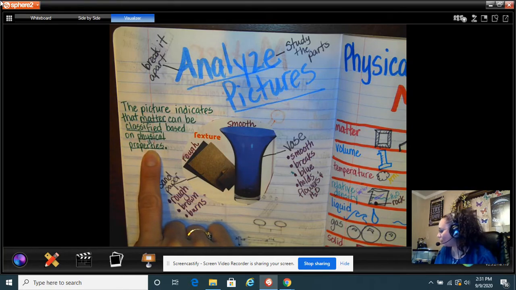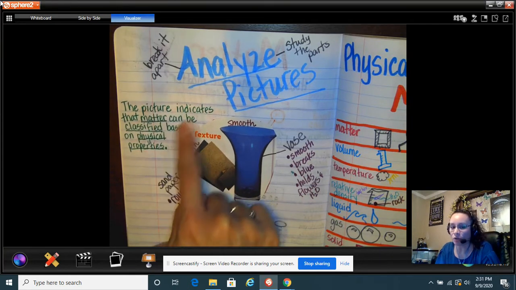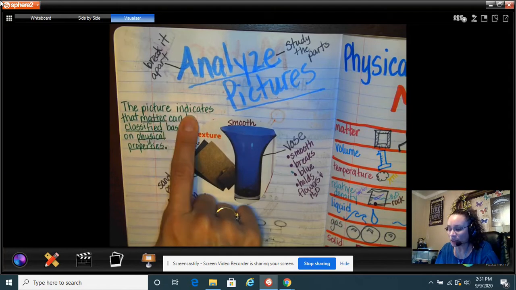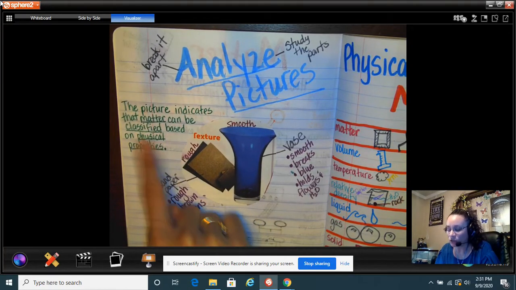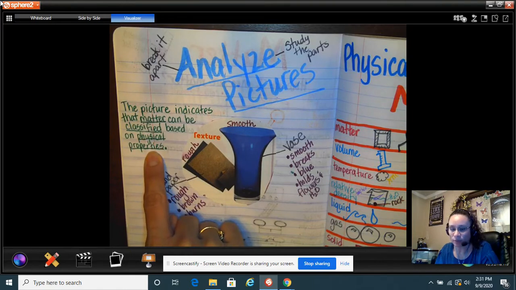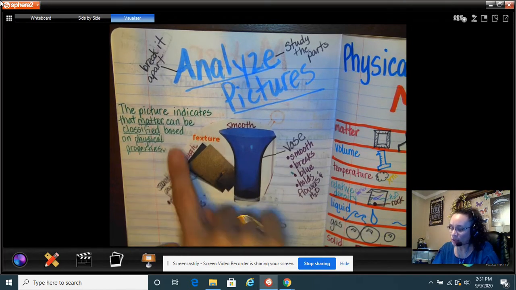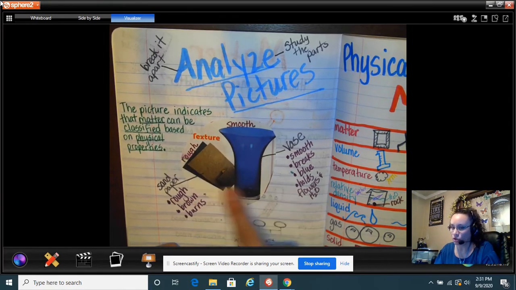It's either on page 107, 108, 109, 111, 113, or 115. You pick one picture, cut it out. But this sentence pertains to every picture: The picture indicates that matter can be classified based on physical properties. So I can use this sentence with any picture.